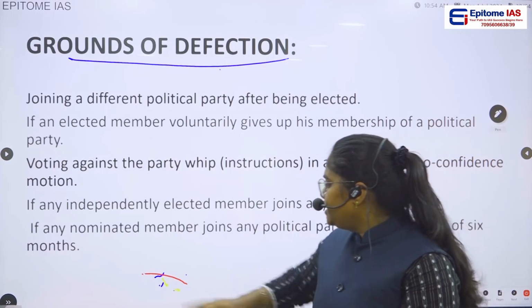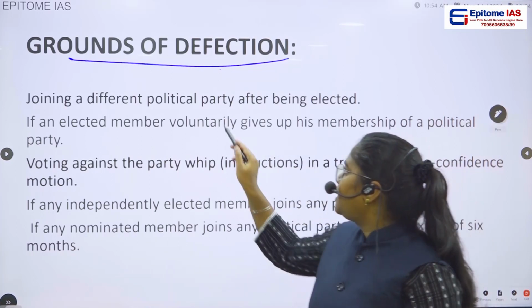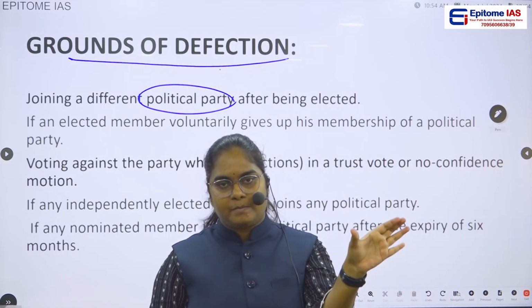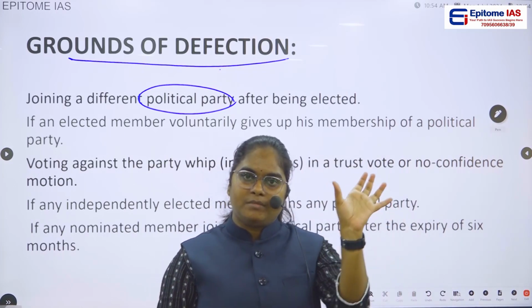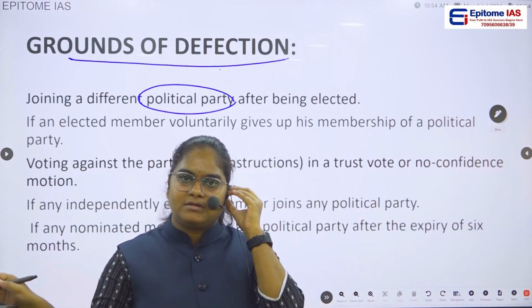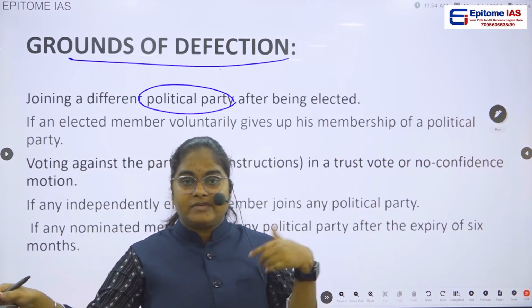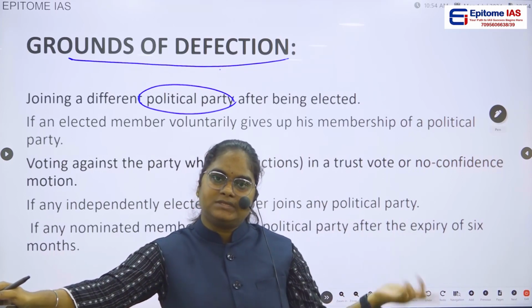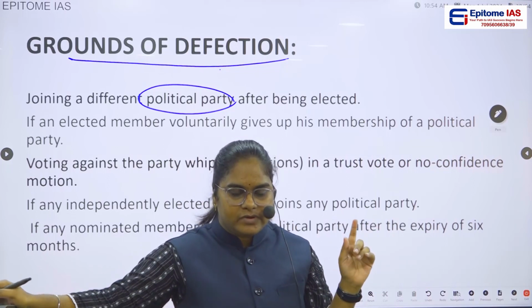One is joining a different political party after getting elected. Let's say a member of parliament or a member of a state legislative assembly gets elected from a political party, but after getting elected he switches the political party and joins some other political party. Then what will happen?